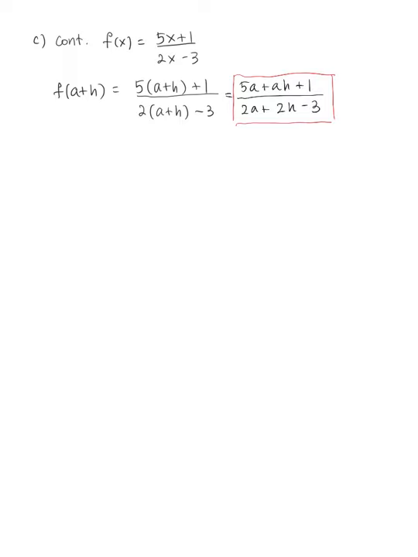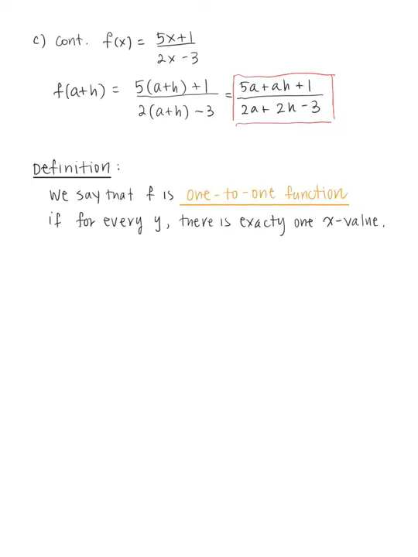If you're following up to this point, great job. You're doing great. Okay, so let's step away from computing f evaluated at a plus h, and so forth, and let's just shift it a little bit. So let's talk about something a little bit different. So another definition is this.